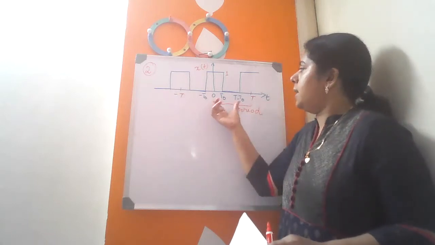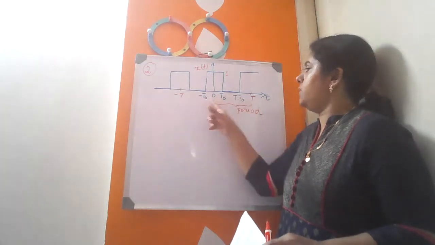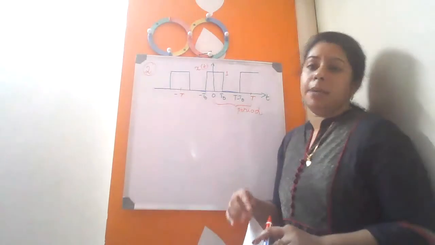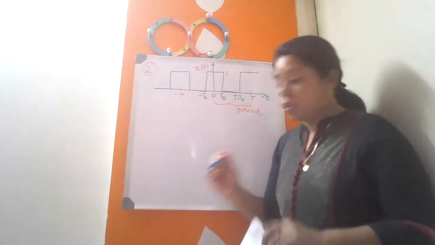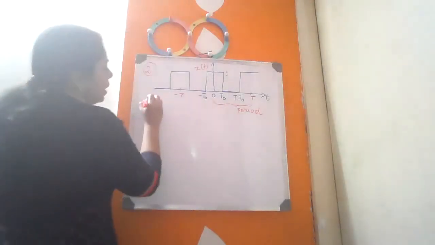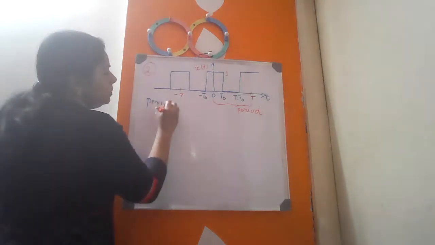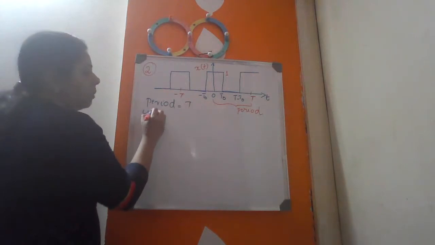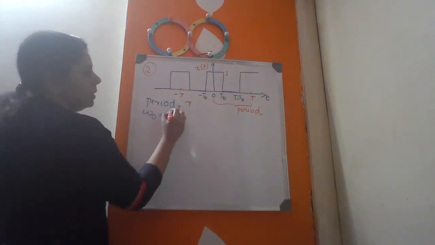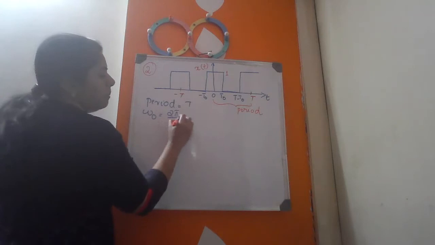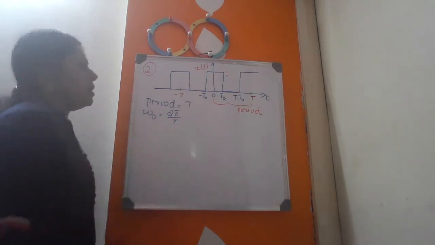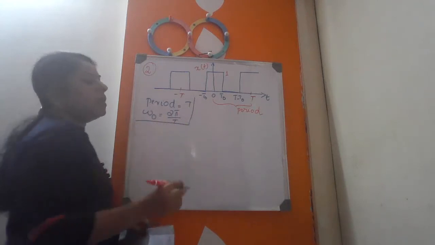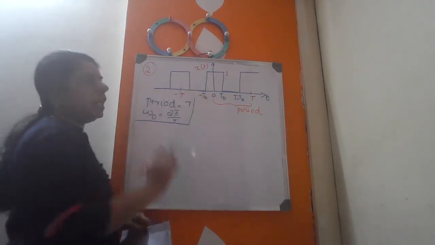In this case the time period is from 0 to T, or directly I can write that the period is T. So if the period is T, I can write the angular frequency omega naught as 2 pi by T. Okay, so I calculated the fundamental period and the angular frequency of the given signal.